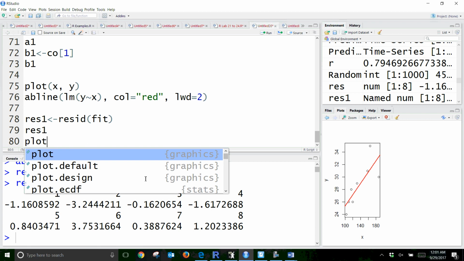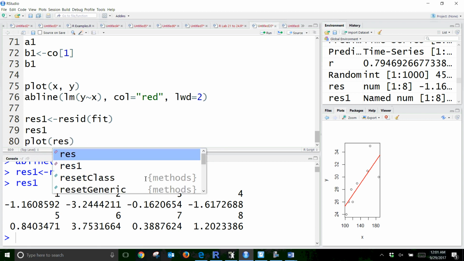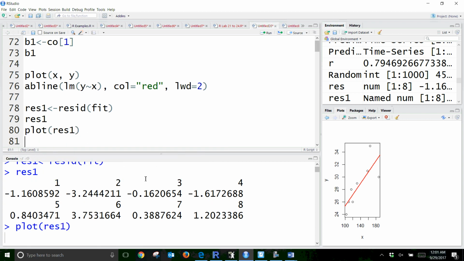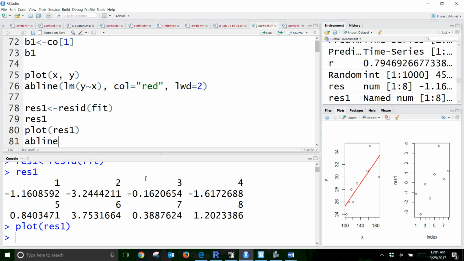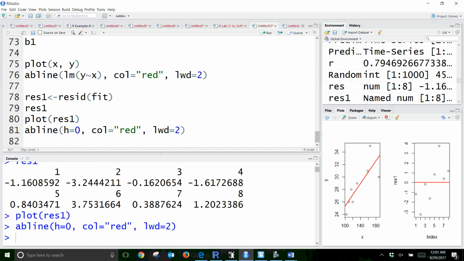And of course, I could plot the residuals, res1. Okay, I can add the abline, again h equals 0, color red, and we'll do the thickness equal to 2. All right, there you go.